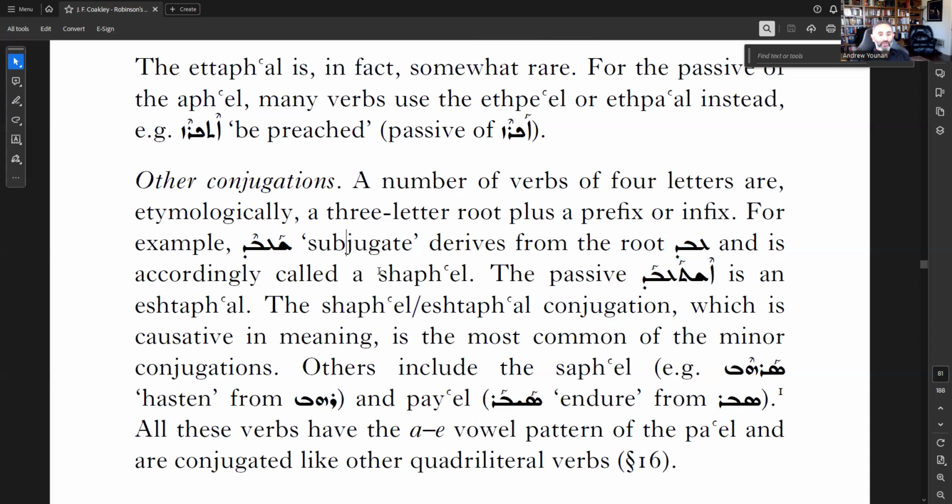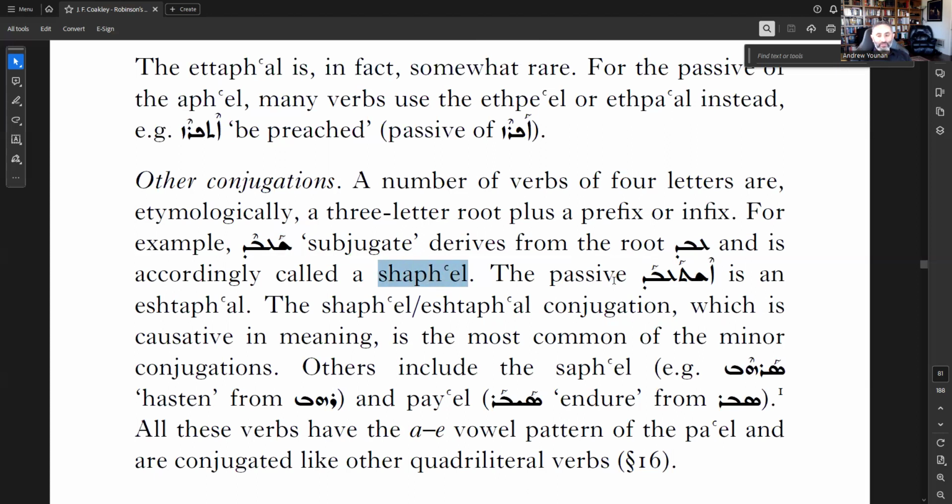It's accordingly called a shap'al. So once in a while, there's a couple of verbs that have a sheen added to the beginning of the root. If you see sha'bid, you're like, how do I look up sha'bid in the dictionary? It's actually under awad. So sometimes a sheen can be part of a conjugation, and the name of that conjugation is called the shap'al.